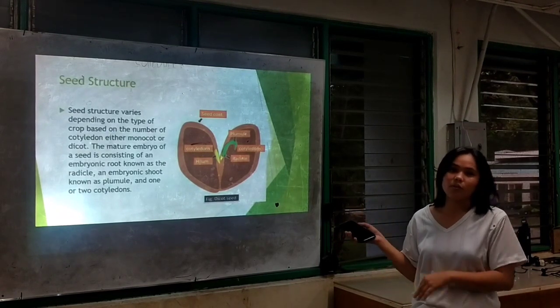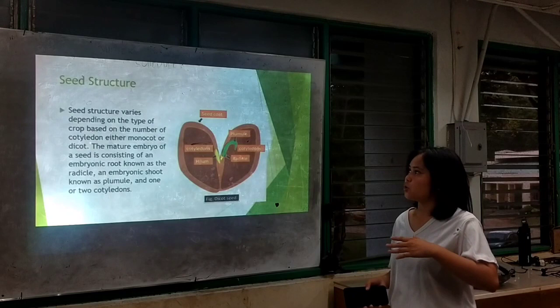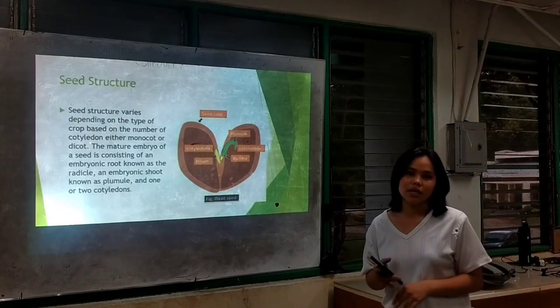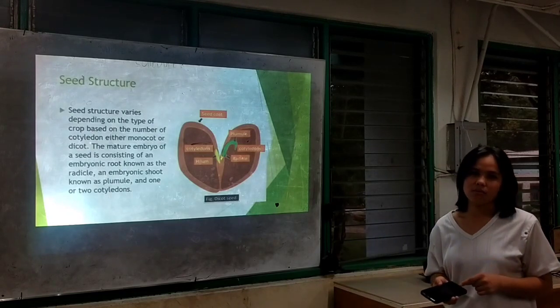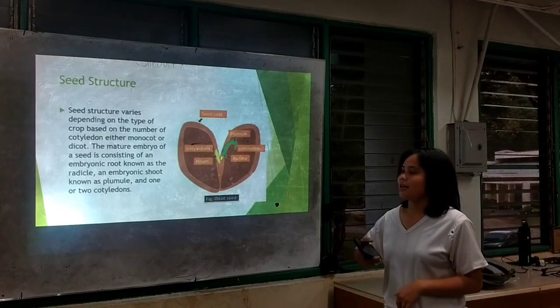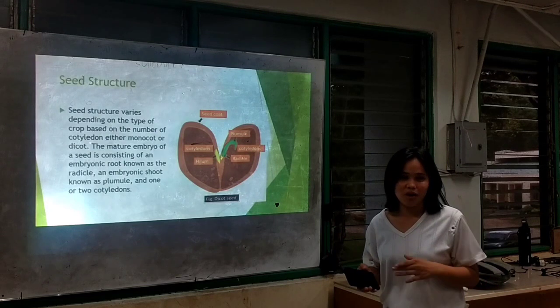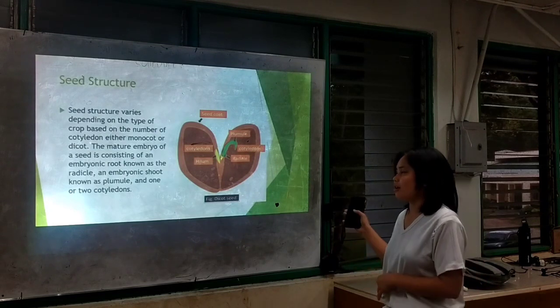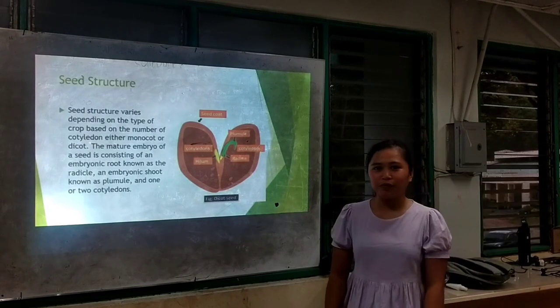In this activity, we have to choose legume crops and rice, a cereal crop.